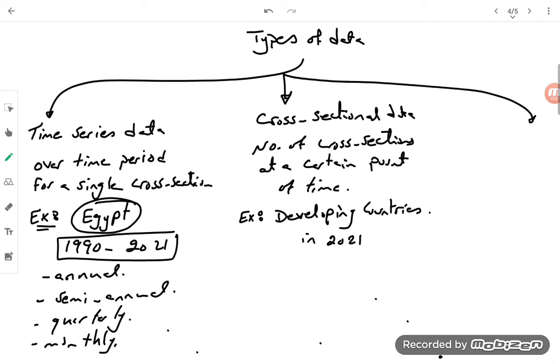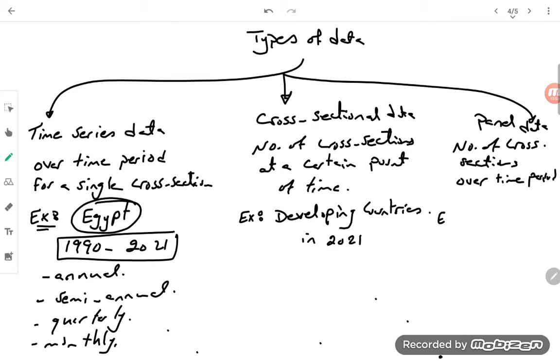Number three, panel data. Panel data is data for a number of cross sections over a time period.